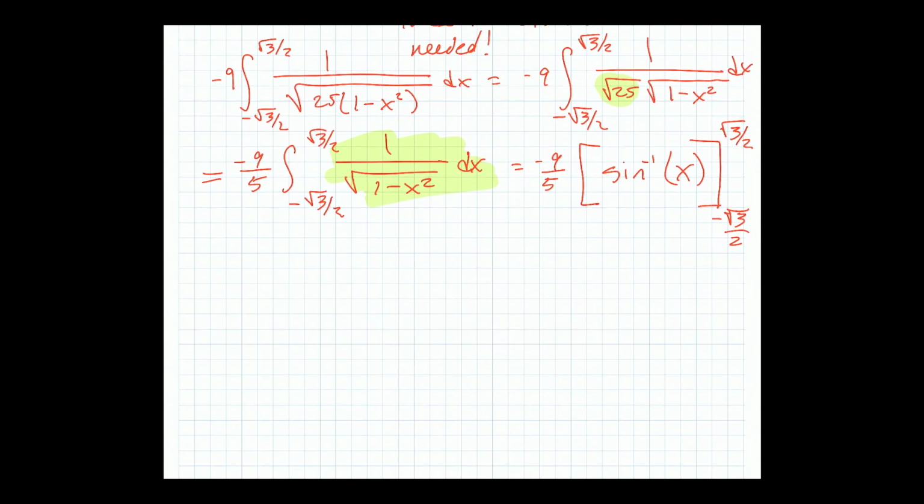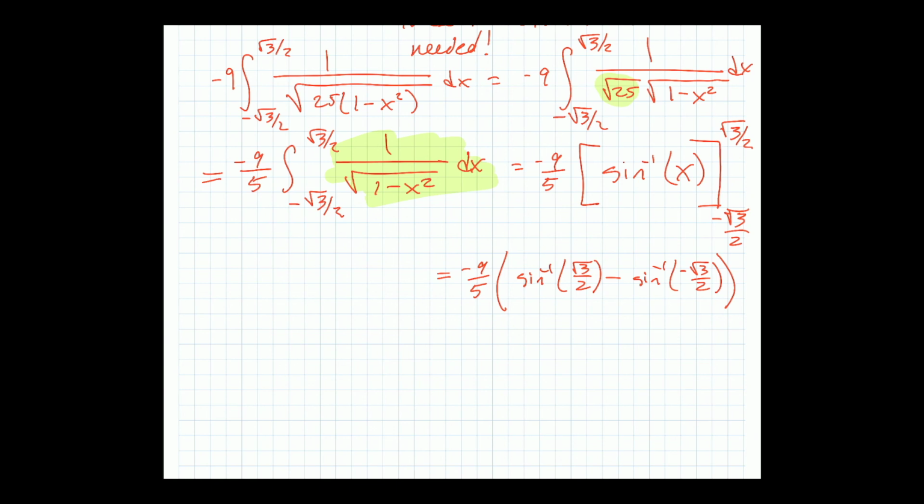Then we just substitute those in, for the fundamental theorem of calculus. So negative 9/5, parentheses, sine inverse of square root 3 over 2 minus sine inverse of negative square root 3 over 2, like so.